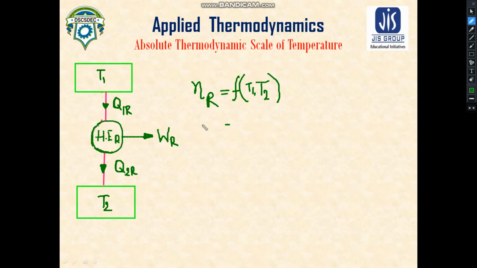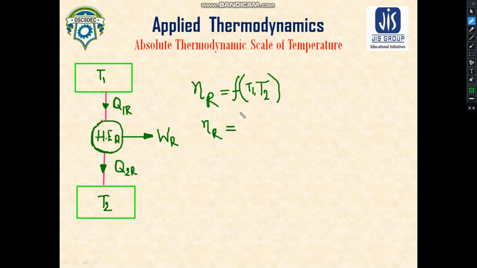Now by virtue of the definition of efficiency for a heat engine, you know that for the reversible engine or for any irreversible engine, efficiency is nothing but the ratio between the work output and the heat input.